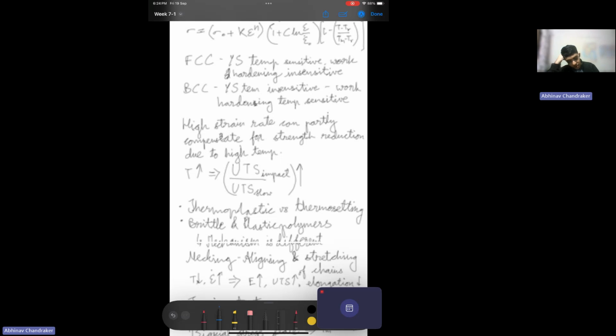On the other hand, BCC shows less resistance temperature sensitivity, but the work hardening is more temperature sensitive. This is because the mechanisms of work hardening and yielding in FCC and BCC are different, and that is why they respond differently to temperature.